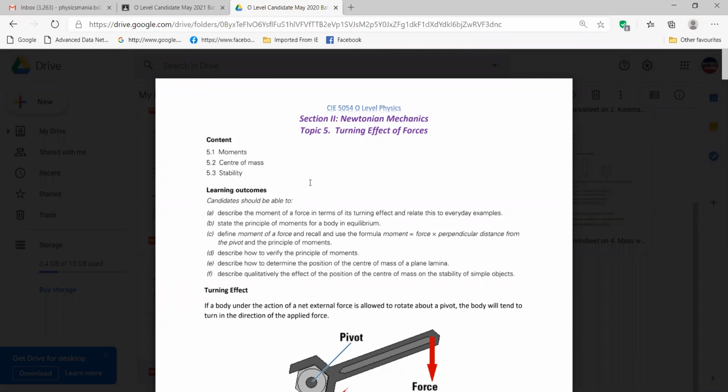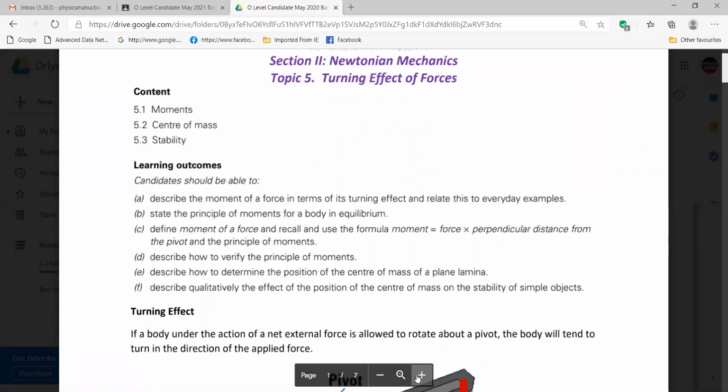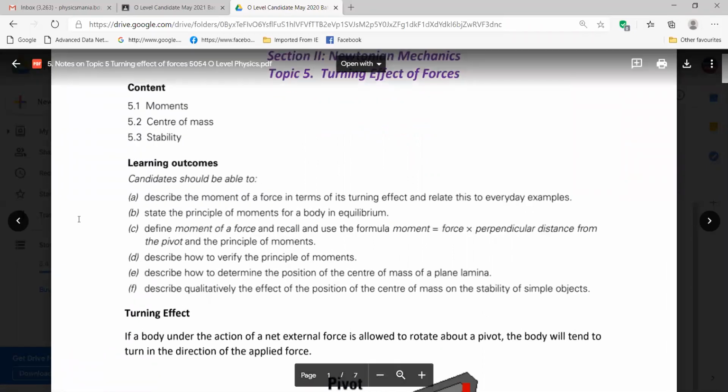Can you read the learning outcomes loudly? Learning outcomes: candidate should be able to describe the moment of a force in terms of its turning effect and relate this to everyday examples. State the principle of moments for a body in equilibrium.